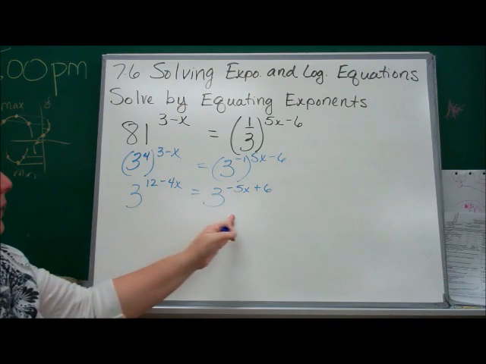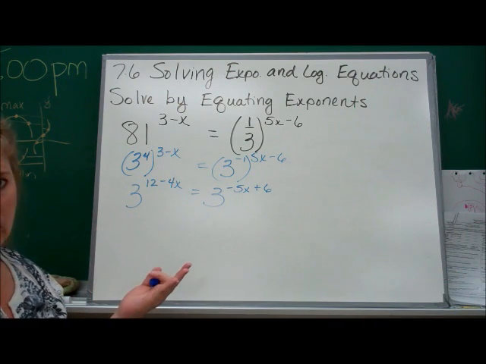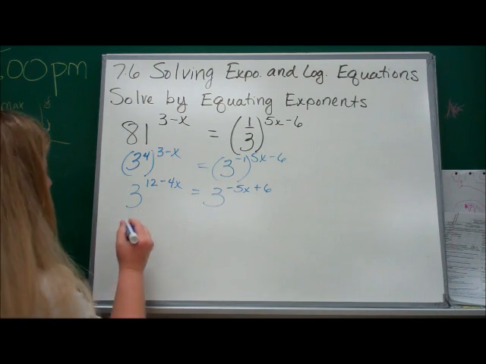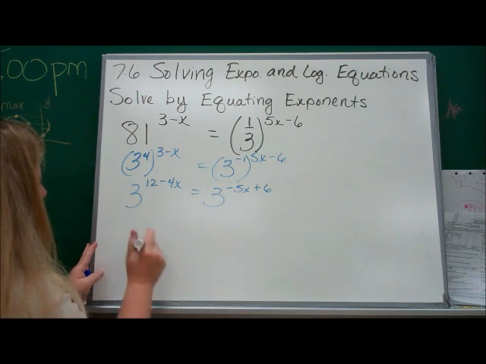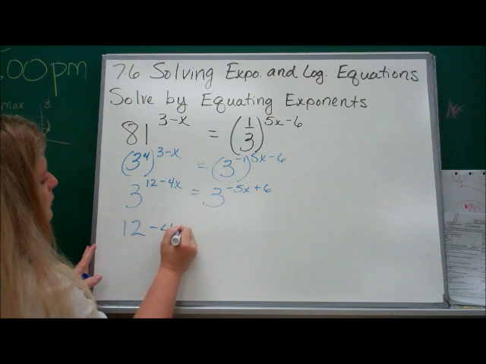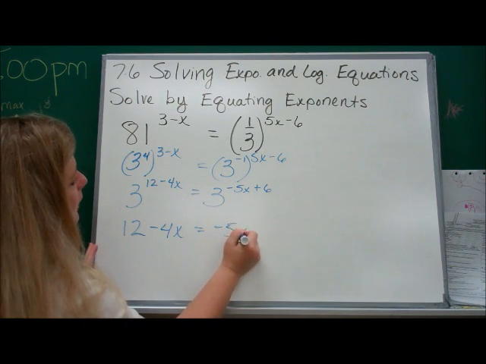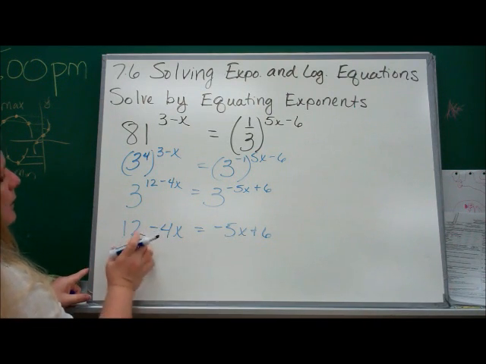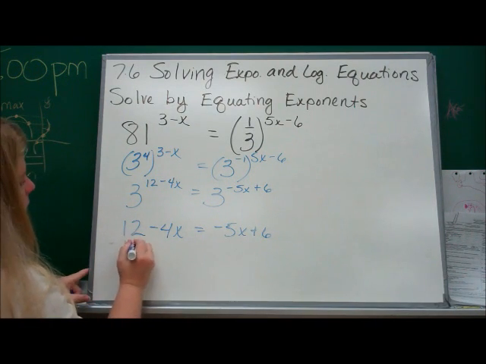Now I have the same base, different exponents, but they're equal to each other. So therefore the exponents must be equal to each other. So we just drop the 3's, and it's 12 minus 4x equals negative 5x plus 6. Add the 5x, subtract the 12.